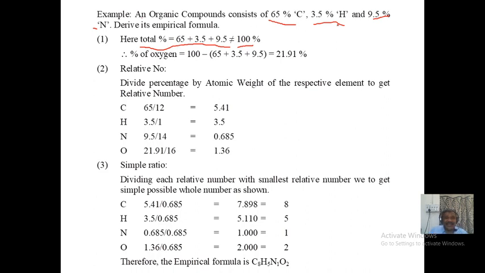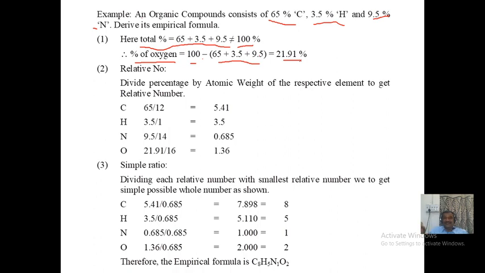So here, as the summation of 65 plus 3.5 plus 9.5 is not equal to 100, don't worry, because the remaining is the percentage of oxygen. So 100 minus the summation, which is coming out around 78.09, gives 21.91, which is nothing but the percentage of oxygen. Friend, it was not given.